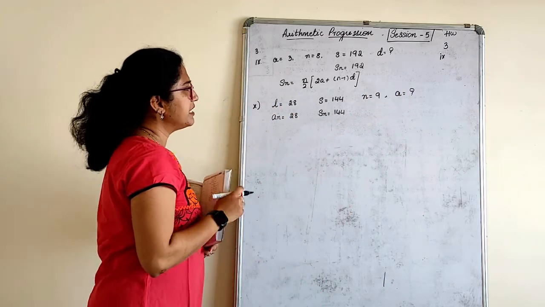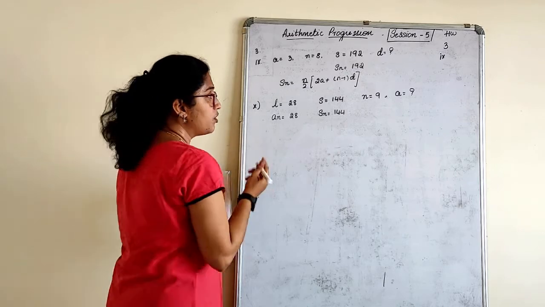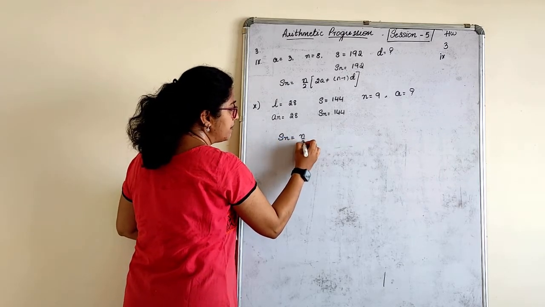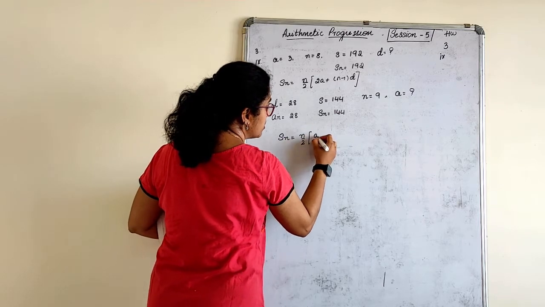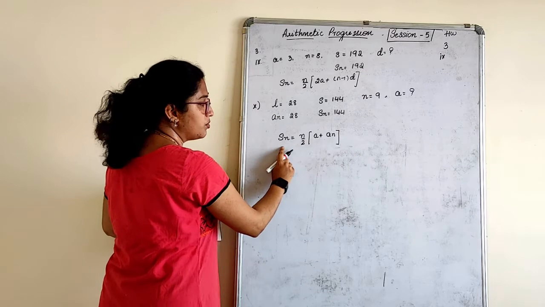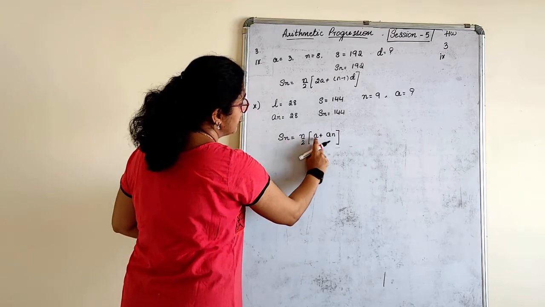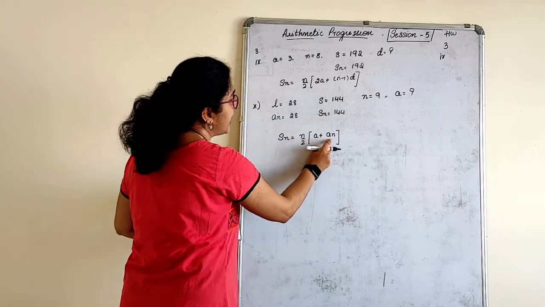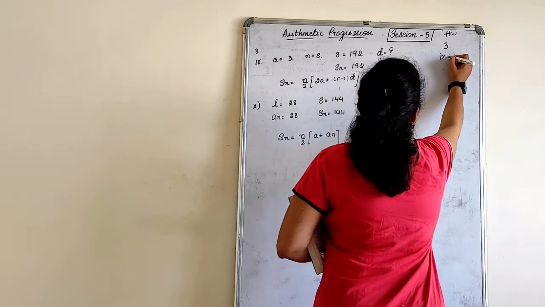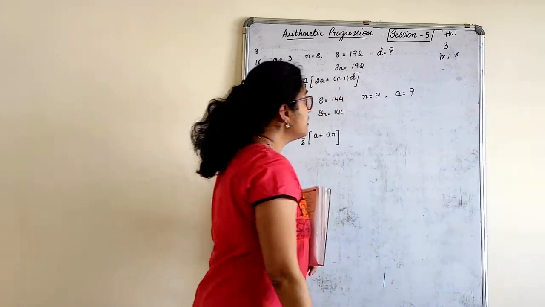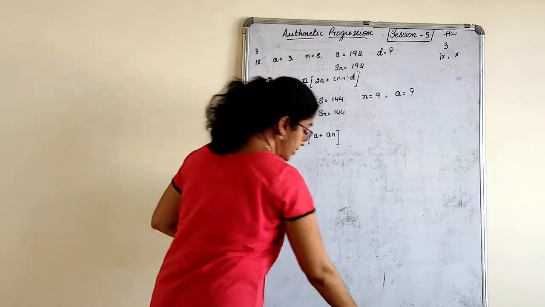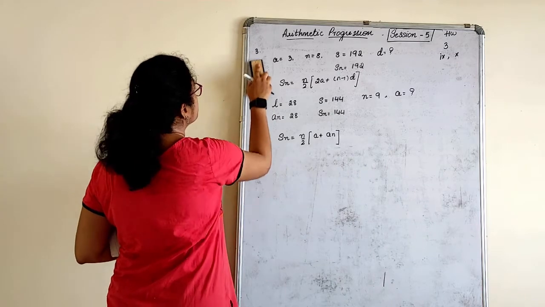Where an is given, Sn is given, n is given, you have to find a. So this is going to be Sn is equal to n by 2 into a plus an. Is Sn known? Yes. n is known? Yes. a is known? No. an is known? Yes. Simple. Third main, the 10th one also I'll mark for homework. We'll quickly start with the fourth main now.